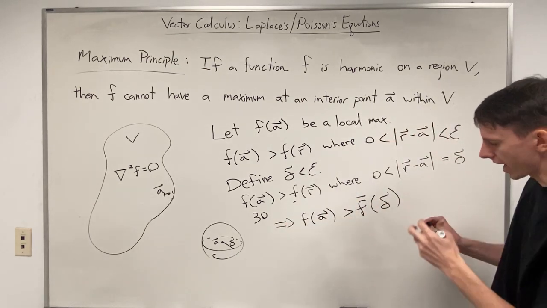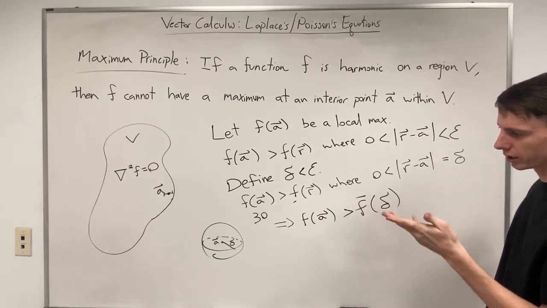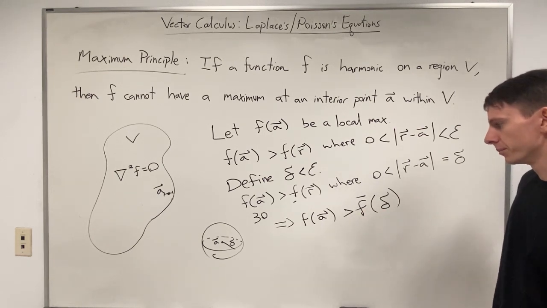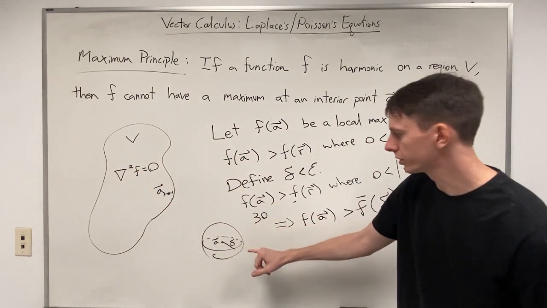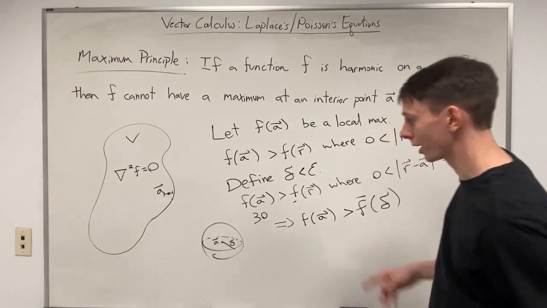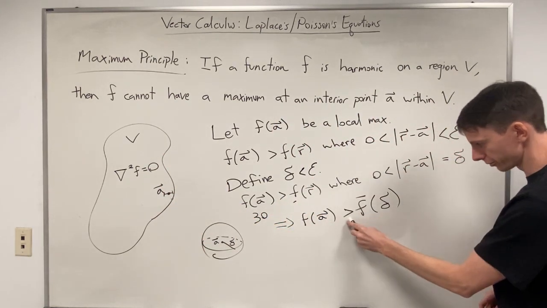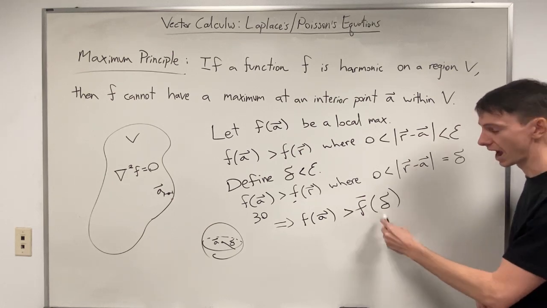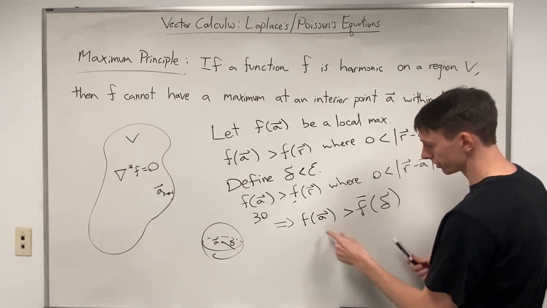So this would have to be true if there's a local max. But then at this point you contradict the mean value property, because the mean value property says that if you have a volume and you can define a sphere within that volume, which is what we did, that's why we defined delta, then the value at the center should be equal to the average value at the boundary. But we see that this isn't a greater than or equal to sign.